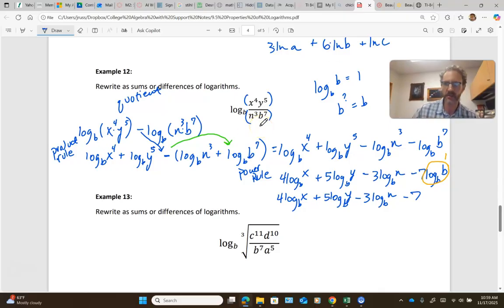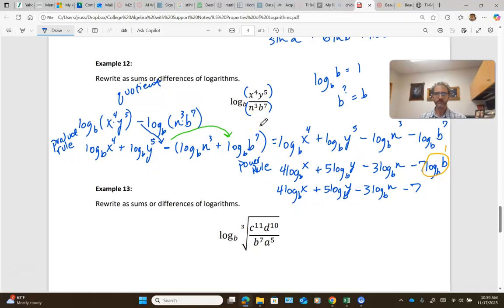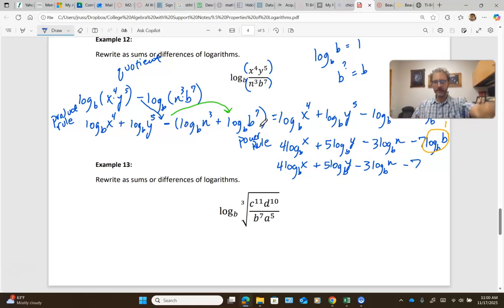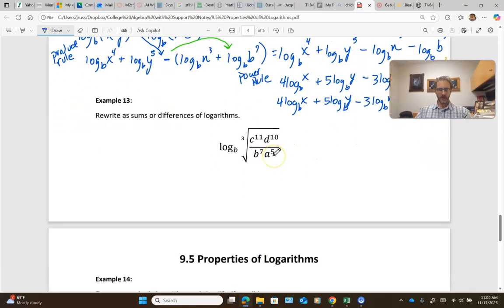All right, let's look at example 13. With example 13, you can see that this is a quotient. However, I first need to somehow manipulate this, because overall this is not a quotient, but rather a cube root.